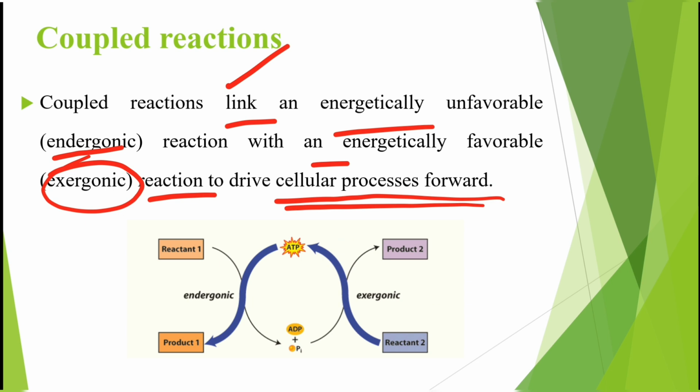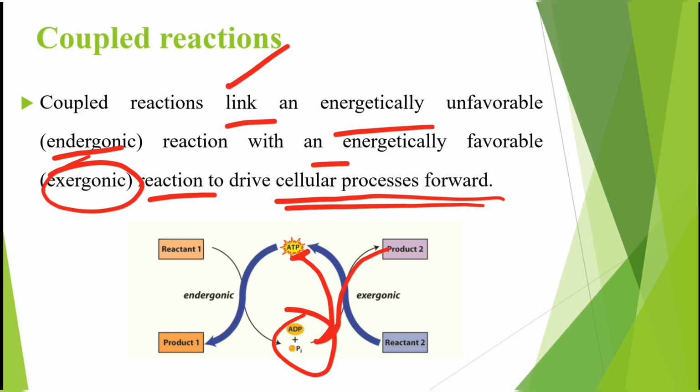The formation and breakdown of ATP are coupled because energy released during ATP breakdown drives energy requiring cellular processes, while the energy from nutrient breakdown drives ATP formation. This creates a cycle where exergonic and endergonic processes are linked by transfer of a phosphate group.